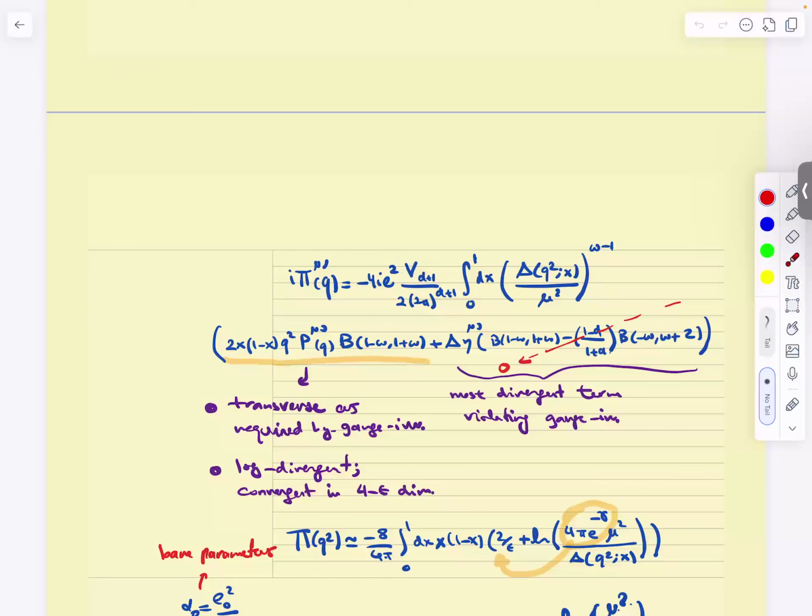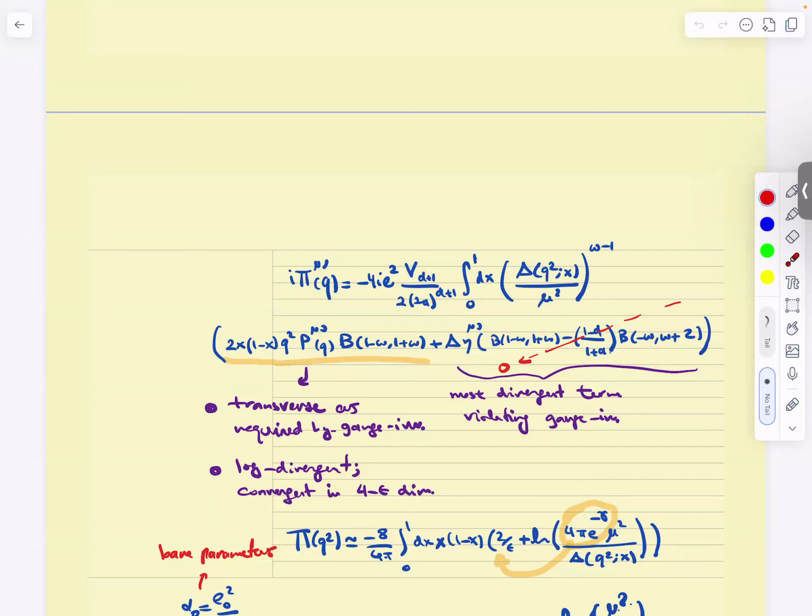We did the counting of the divergences. We saw that the first term that I've highlighted, before doing the k integral, was 1 over k squared, right? Sorry, 1 over lambda to the power 4, cutoff lambda to the power 4.